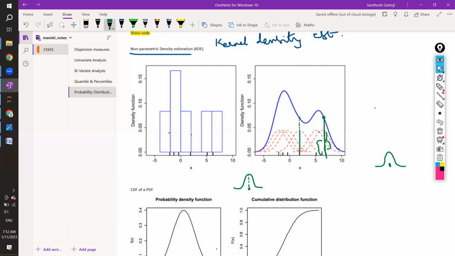For this point, this is 1 point, and if you go, this is another point. Add these 2 points, and it will give you some point. Like that, for this point, you have an intersection over here, and there is one more point over here. Just add those values. So like that, you will have all the required values of y that are coming from all these distributions.